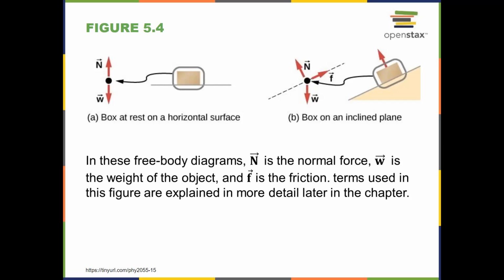Now, because it's sitting on the surface, there will be a contact force between the surface and the box, pointing in that direction, okay? Again, that's a normal force, so we use the letter N for that. And then because it's resting there, there should be a friction force to prevent the box from sliding downward, okay?